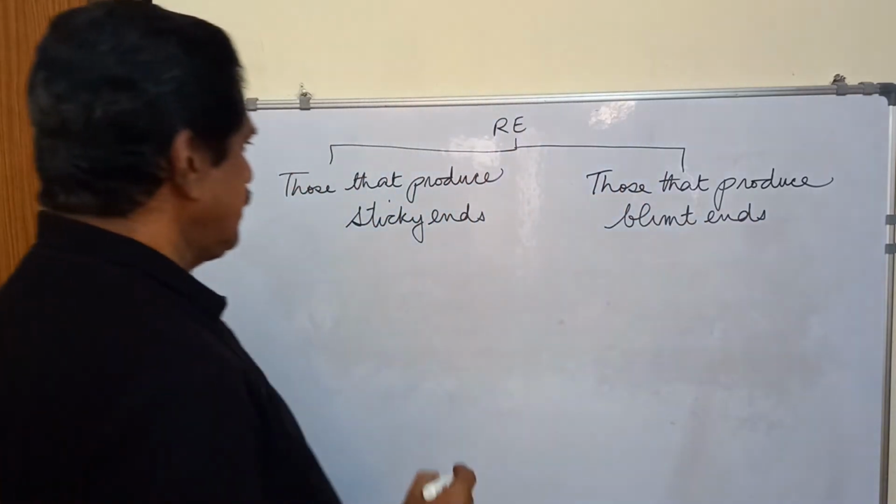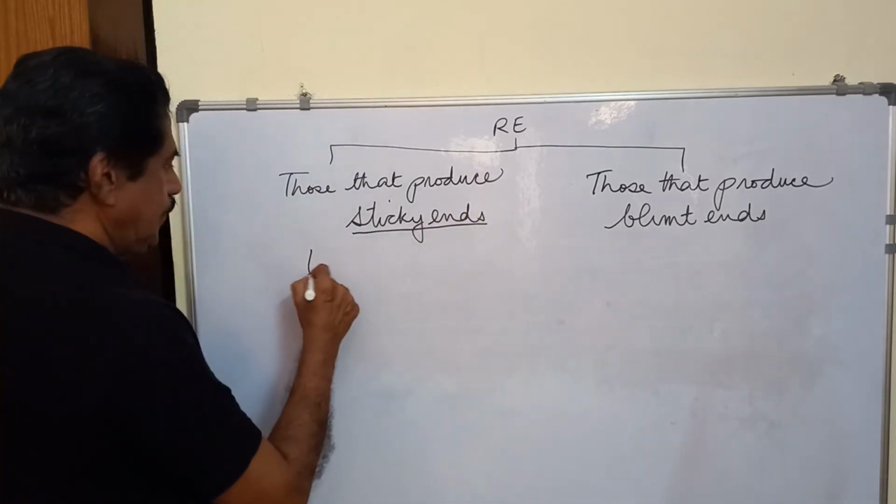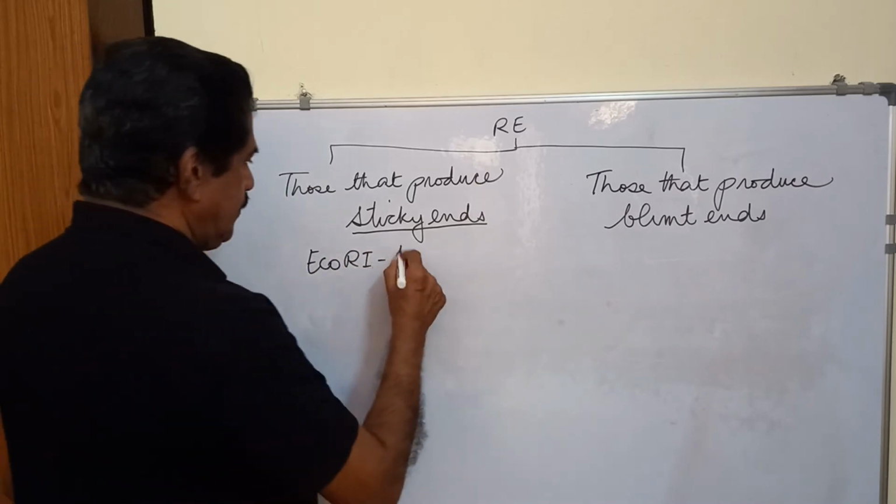Okay, let us look at those that produce sticky ends. Example, EcoRI obtained from E. coli.